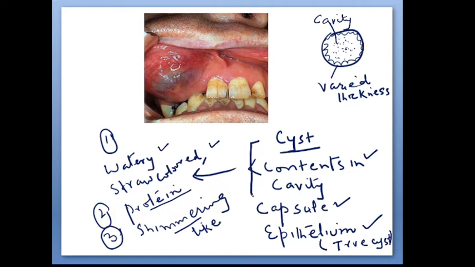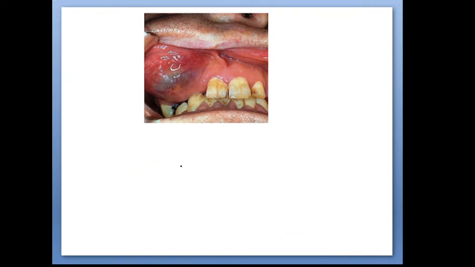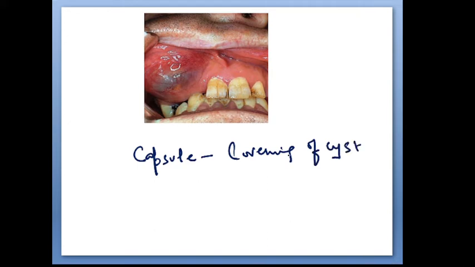Now, after surgical removal, usually under the microscope we study the capsule and epithelium. Capsule, we all know, is the covering of the cyst, and epithelium is a feature.